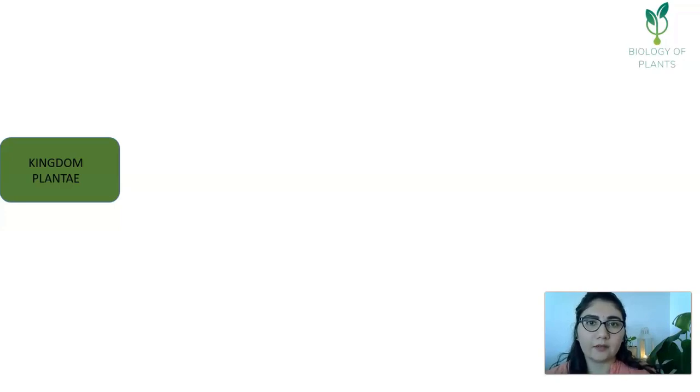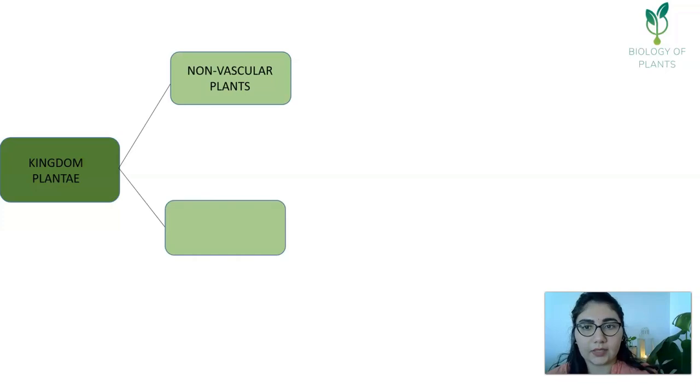On a very first level, Kingdom Plantae is divided into two groups, non-vascular plants and vascular plants. Now, what is a vascular system? So, vascular system in plants are responsible for the transport of water, minerals, and nutrients within the plant body.